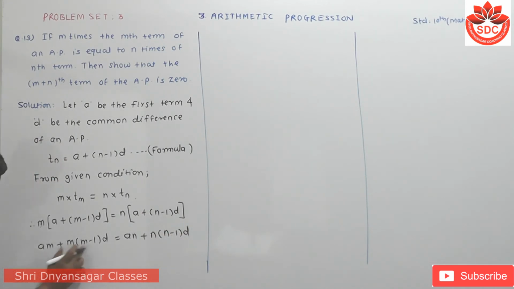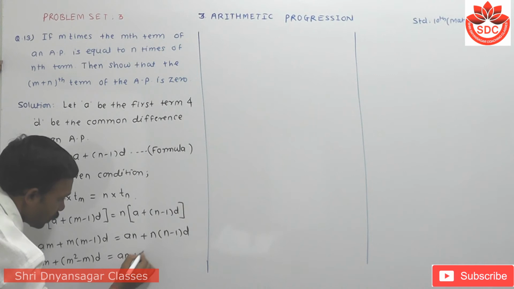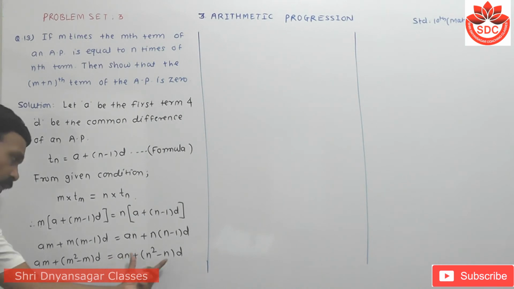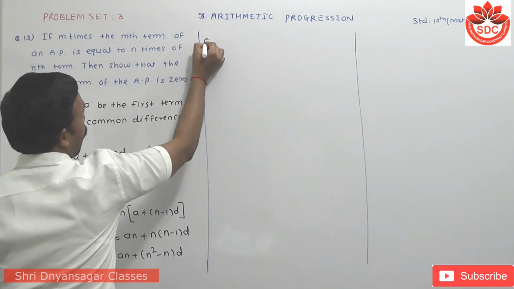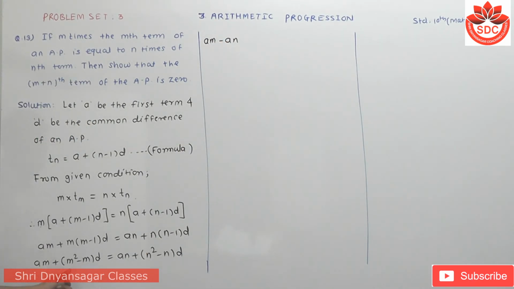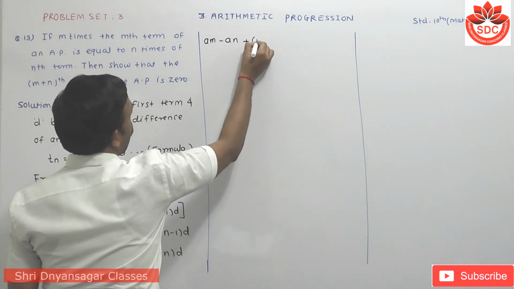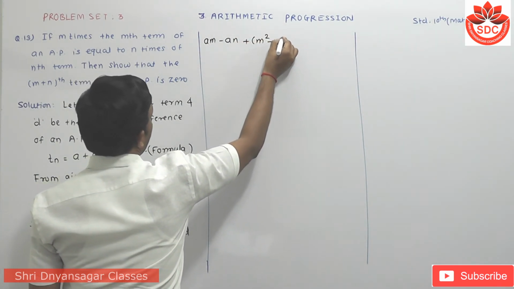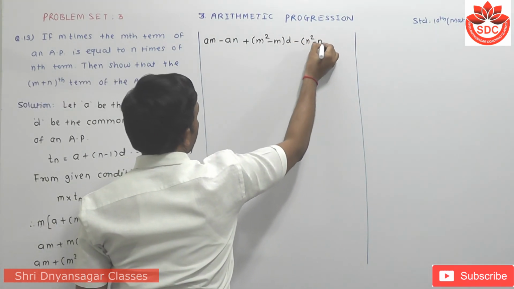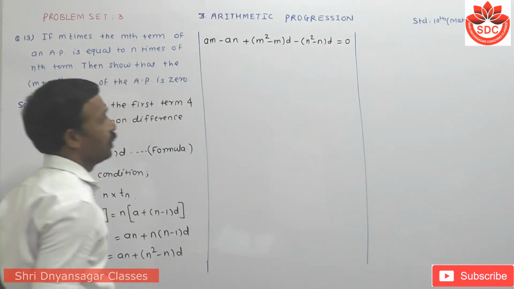Again we multiply m to this bracket and n to this bracket, we get am plus in bracket m square minus m into d is equal to an plus n square minus n into d. Taking am minus an on one side, and this value plus m square minus m into d minus n square minus n into d, the remaining is 0 here.